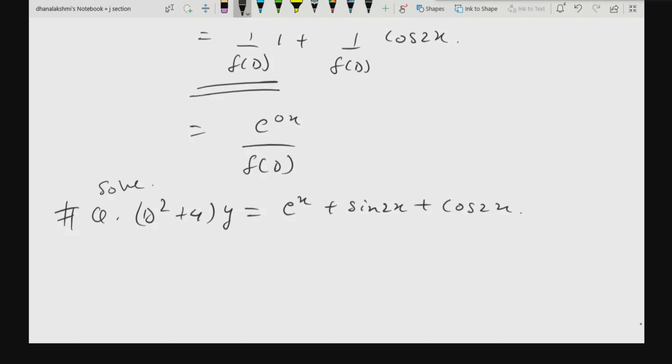So here, when I ask you to solve this one, you have to find the complementary function by writing the auxiliary equation based on the roots. Then you have to find the particular integral. Particular integral means what? Here you have three parts. One is for e to the power ax, one is for sine ax, cos ax.